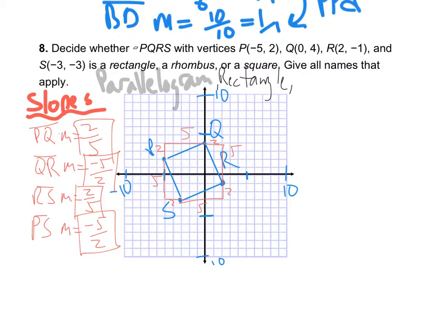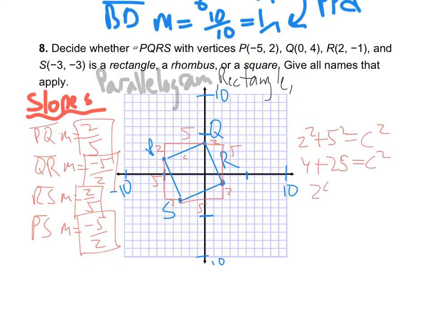Now, we think it's a special rectangle. I think it's a square, and it's kind of obvious, but we can prove that by showing that all sides are congruent. So we can go 2 squared plus 5 squared equals c squared, finding this little length. Use your Pythagorean theorem carefully. 5 squared is 25.